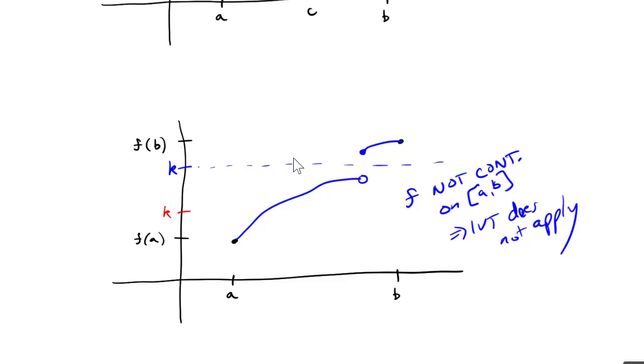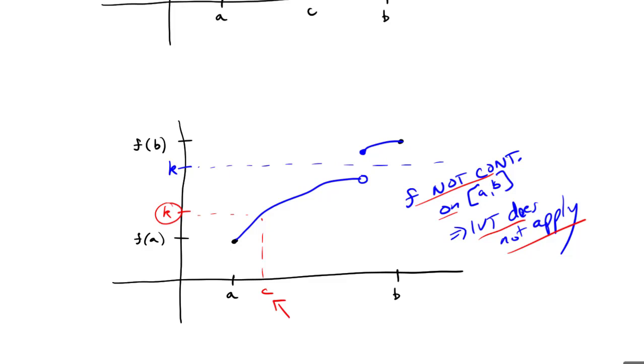Even though the function is still not continuous on [a, b], I do have a c value for this other k, but that's just coincidence. It's not guaranteed by the theorem. It just so happened to happen. Because IVT does not apply, since it's not continuous, I can't make any guarantees.